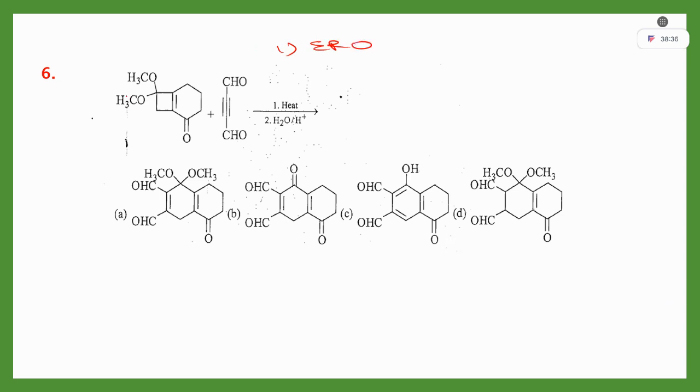You also start solving. I am also solving. So this bond will go there and this bond will go there. And the first intermediate you will get is with OMe, OMe.